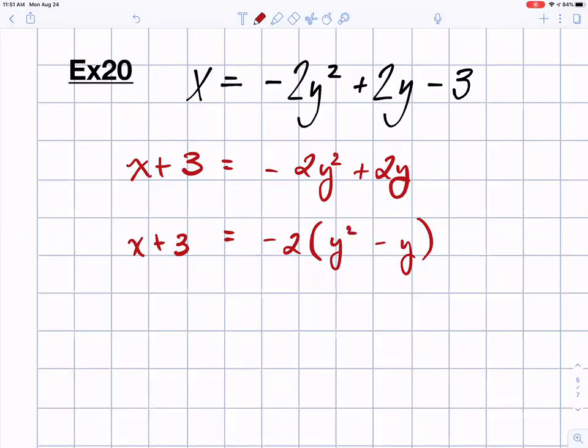All right, so when we multiply by the reciprocal, that's going to be a -1/2. Okay, so we're going to have a -1/2 times the quantity x plus 3 is equal to a y squared minus a y. Okay, now we're ready to complete the square. What does completing the square tell me to do? I got rid of my a. That's the first thing it tells me. What's the next thing that it tells me?